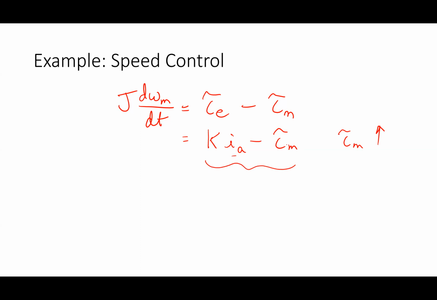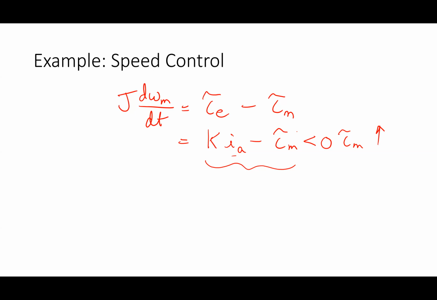IA is eventually going to go up, but initially TM goes above the torque produced by the machine, and the net torque will be less than 0, which causes it to decelerate.